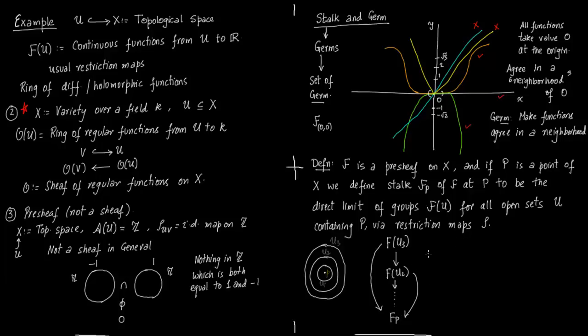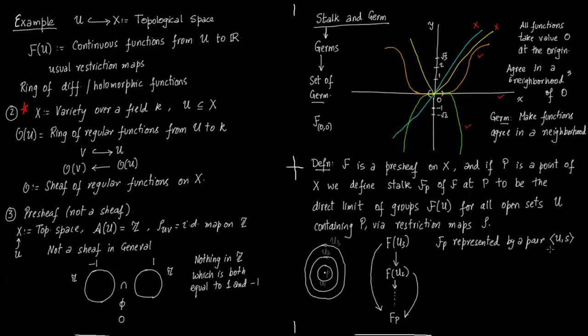So the working definition is this. Fp is represented by a pair. The stalk is represented by a pair consisting of two things, U comma s.